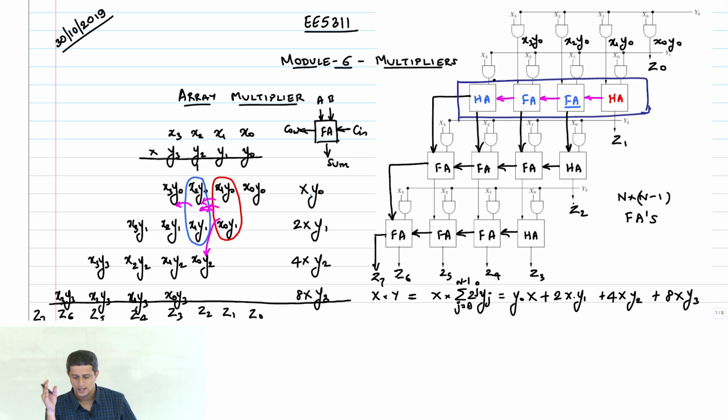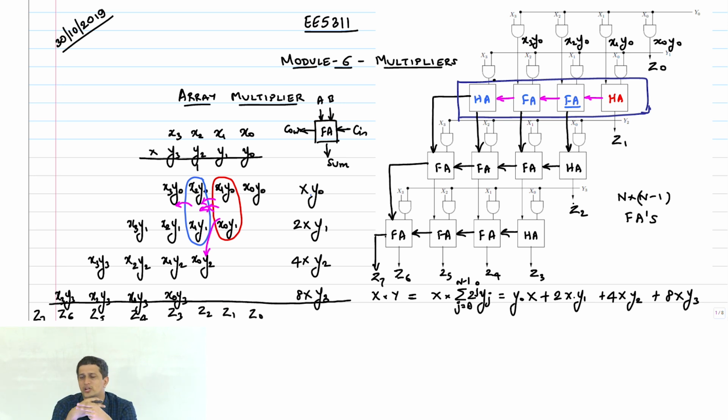If it is 1, then the partial product is x, shifted by something, 2 power k into x. So you are generating only two kinds of partial products, 0 and x.